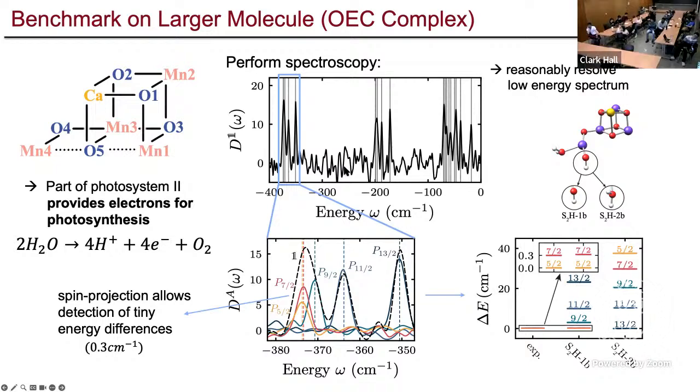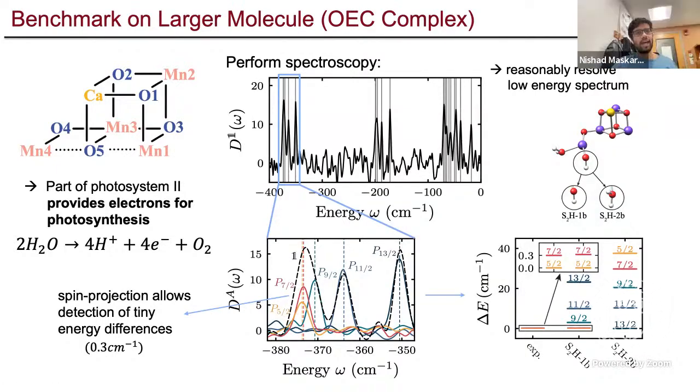And when you compute the spin ladder on the quantum computer, the energies of the low-lying spin states, you'll see these two different things. In one case, you'll see a 5 half ground state with a 7 half low-lying excited state, all the way up to 13 half. And in the other case, you'll see a 13 half ground state with the ladder switched. So now 5 half is the highest state.